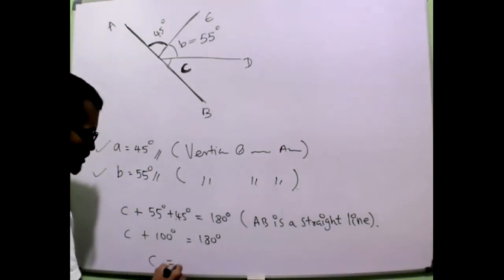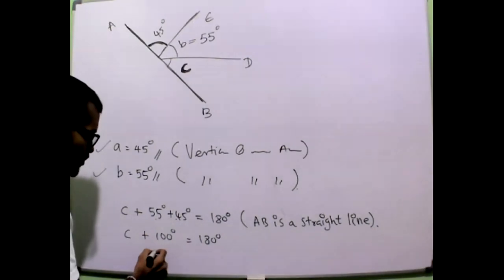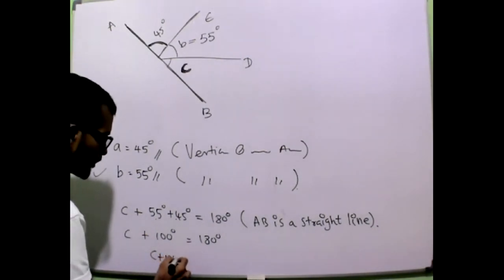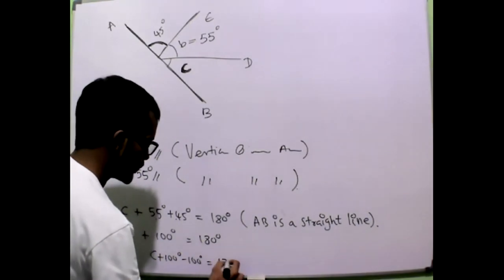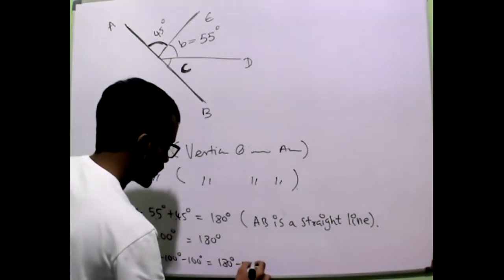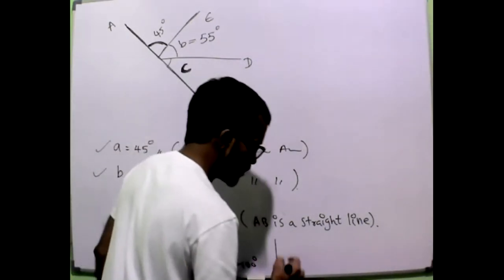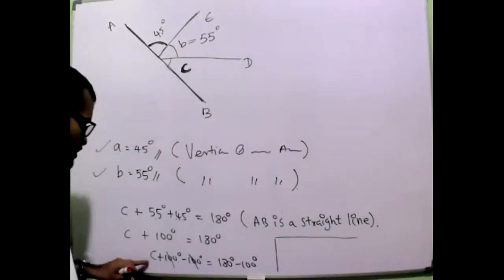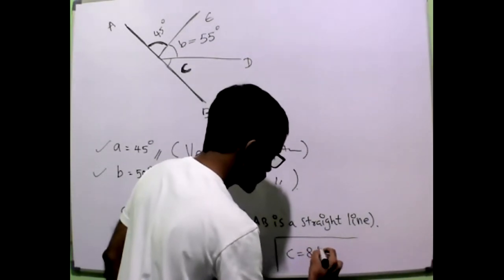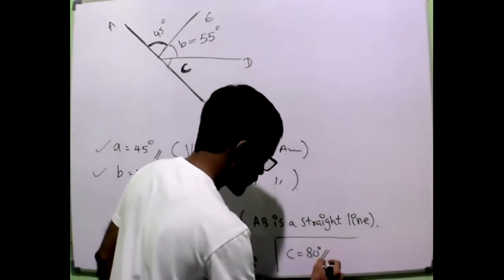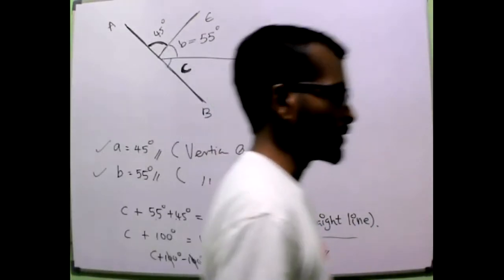C equals, so I can subtract 100 from both sides. 100 minus 100, 180 minus 100, cancel out, and I can write down the final answer: C equals 80. So this is the answer for that.